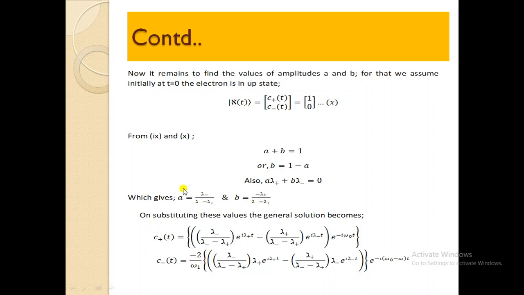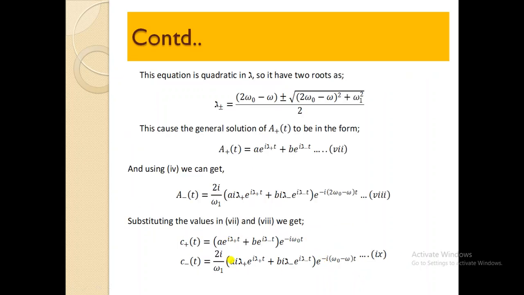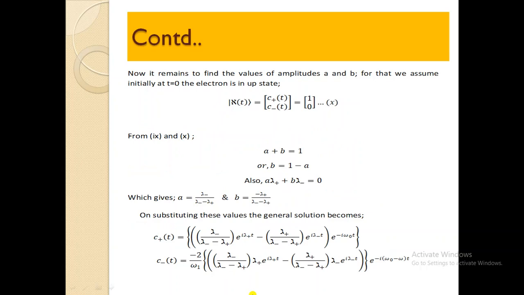The values of lambda minus and lambda plus we have already calculated, so we can simplify this. We can find the value of a and the value of b, and after finding them we can put them in the above equation and then we will find the value of the state at any time.